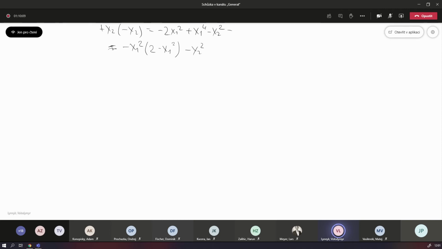And now we can see that, what can we say about the stability now? Okay, this part is less than 0 and this part is less than 0. We know that always for all x2 not equal to 0, this part is less than 0.